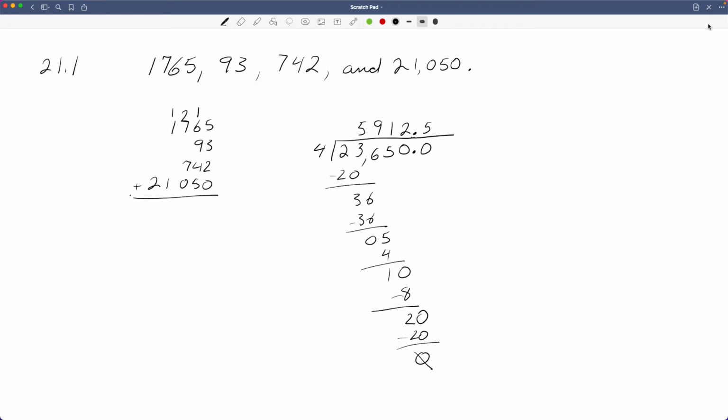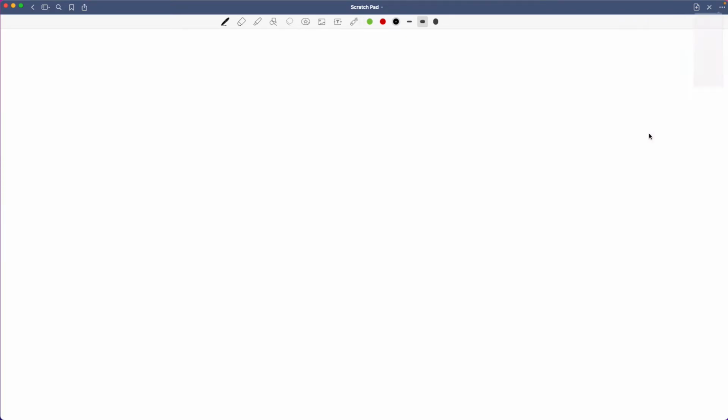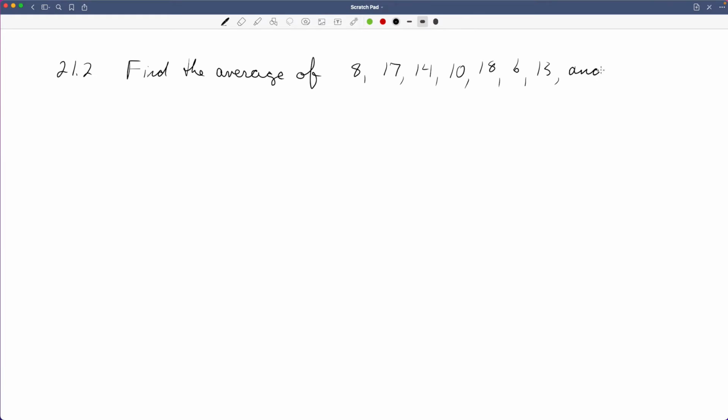All right, so let's try one more. (21.2). We need to find the average of 8, 17, 14, 10, 18, 6, 13, and 12.